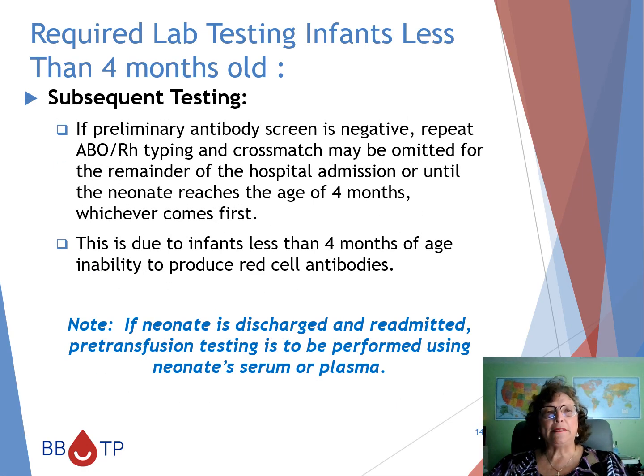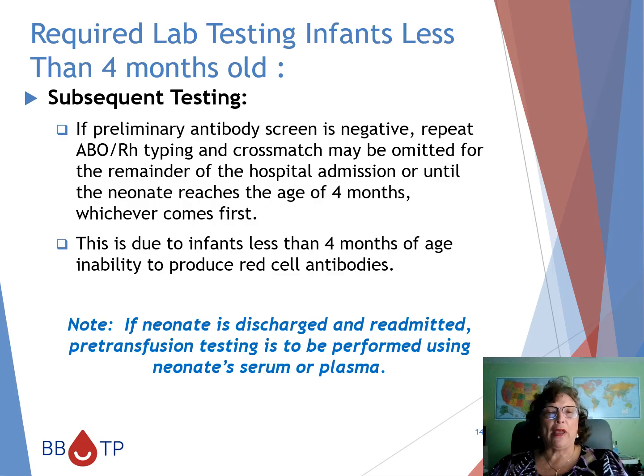For subsequent testing, if the preliminary antibody screen is negative, it is not necessary to repeat the ABO and Rh typing nor the cross-match. They may be omitted for the remainder of the hospital admission as long as the baby is receiving group O units. So you continue this practice during the hospital admission stay or until the baby or the neonate reaches 4 months of age, whichever comes first.